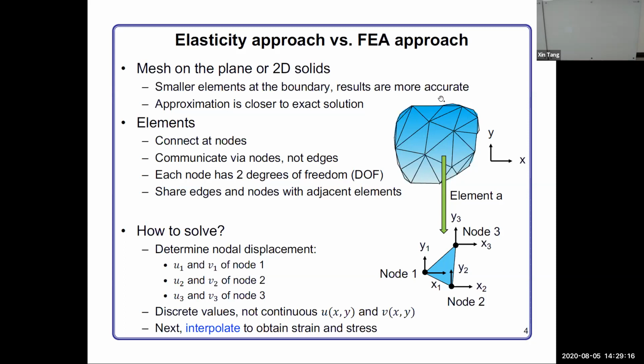And more elements added at those irregular surfaces can add more value into the nodes and make the results closer to the real solution. In the future, we will also have a hole in the solid material. If you have a hole in the center, you need to make a very fine mesh around the hole, and then gradually increase the size of the element as you move away from the hole.